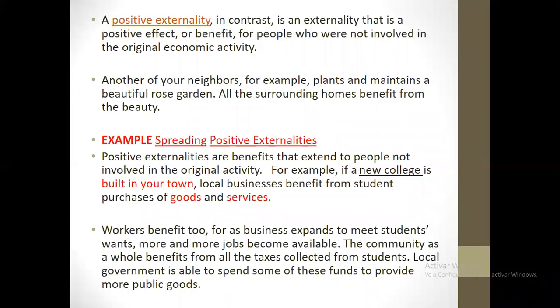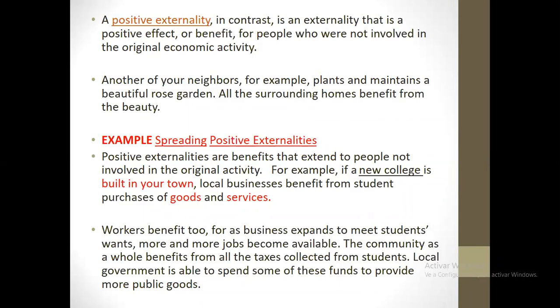Workers benefit too, as businesses expand to meet students' wants, more and more jobs become available, of course. The community as a whole benefits from all the taxes collected from the students. The local government is able to spend some of these funds to provide more public goods.